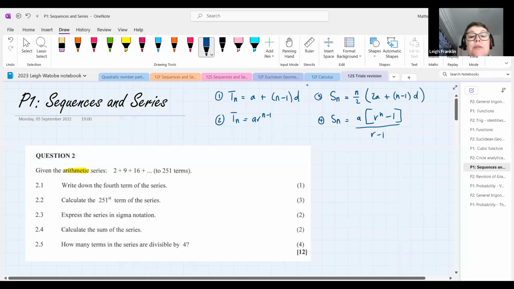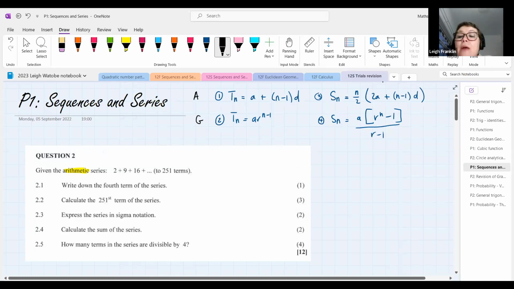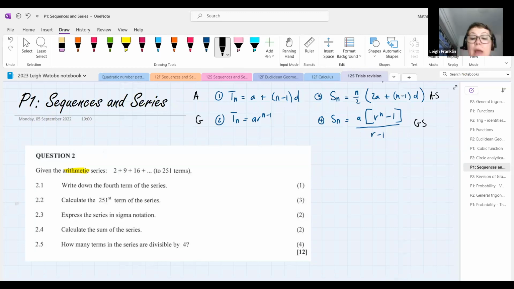Formula number 2 is the term formula for a geometric. So this is an arithmetic term, this is a geometric term, this is an arithmetic sum, this is a geometric sum formula. Okay, and we're going to need one of those later on.